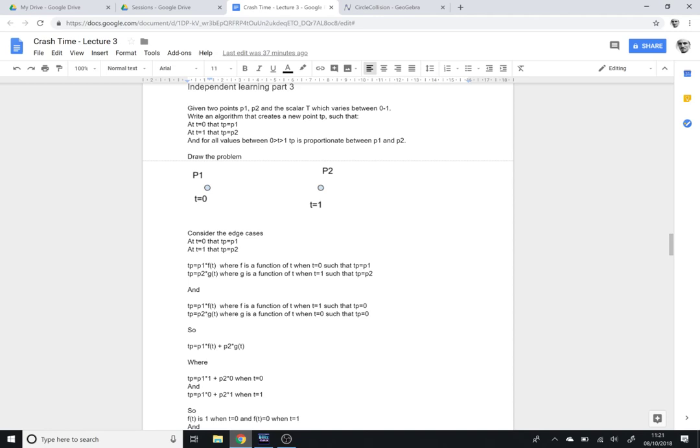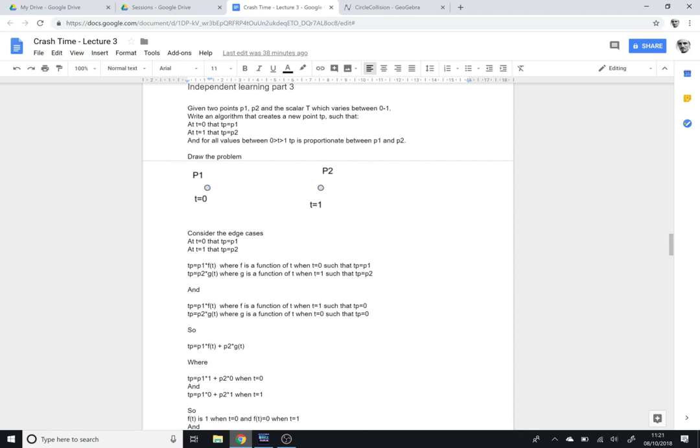So you have 2 points, p1 and p2. At t equals 0, we want the new point to be here, and at t equals 1, we want the new point to be here. And at all the values between 0 and 1, so t=0.25, t=0.3, t=0.1, we want it to be on this line.